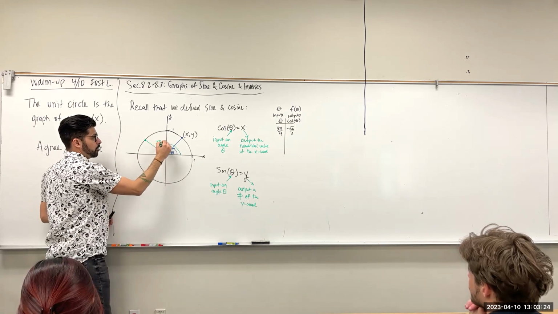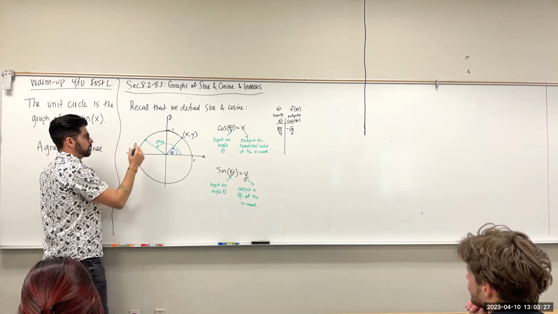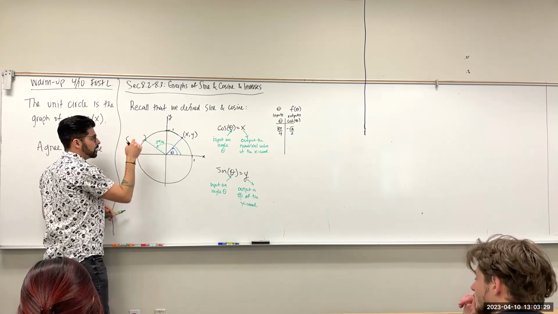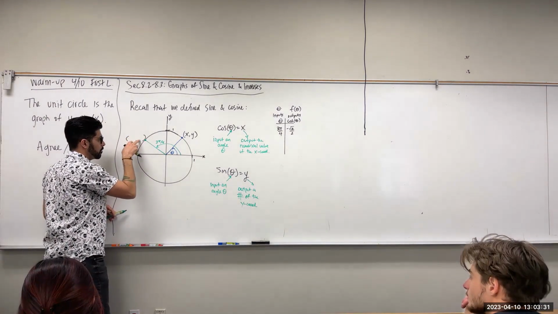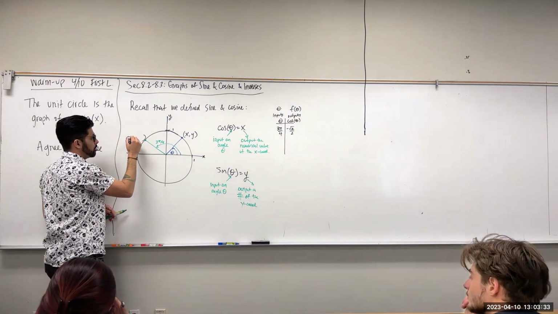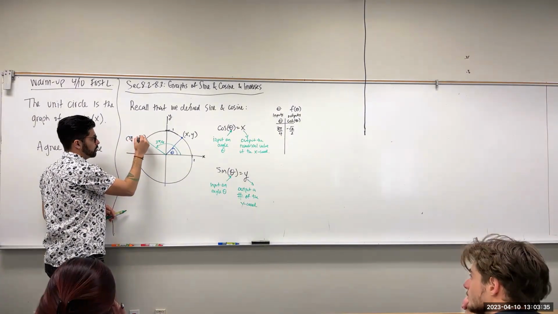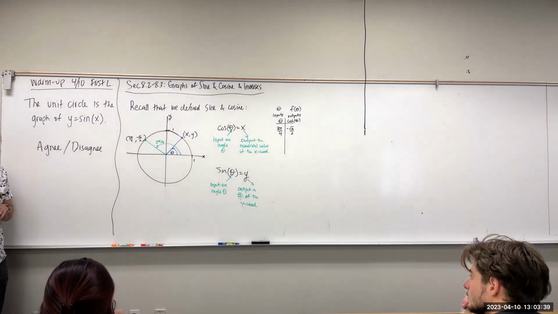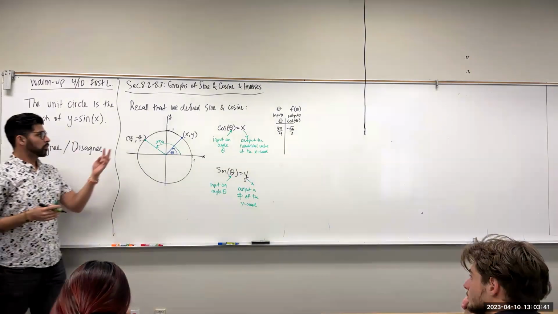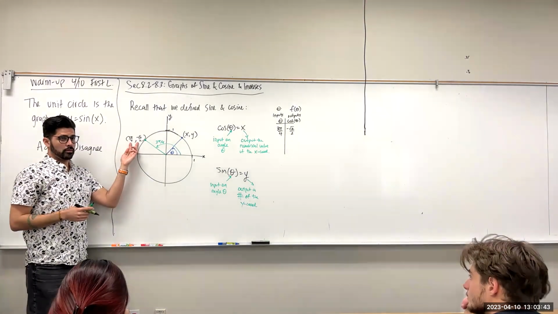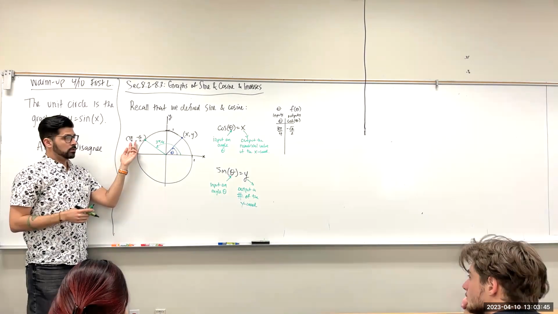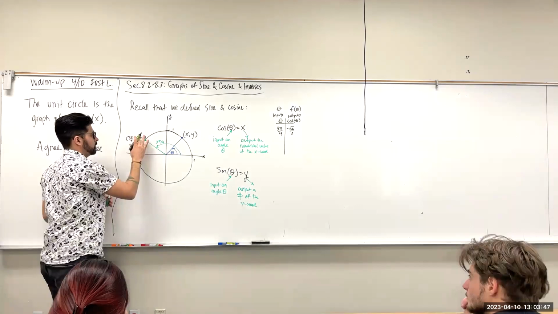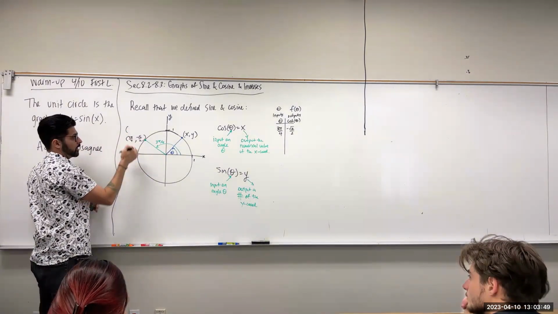3 pi over 4. But is the coordinate of this point 3 pi over 4 comma negative root 2 over 2? What would be the coordinate of this point on the unit circle? It would be, oh crap, the x is negative.